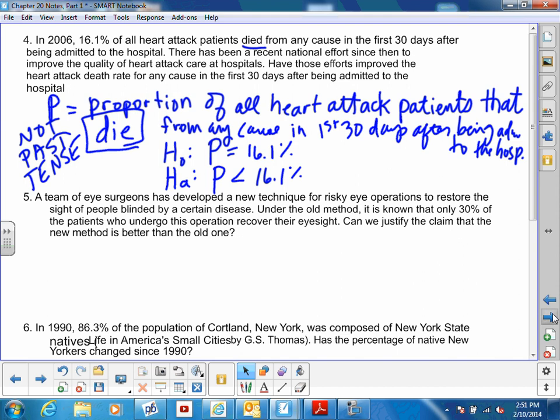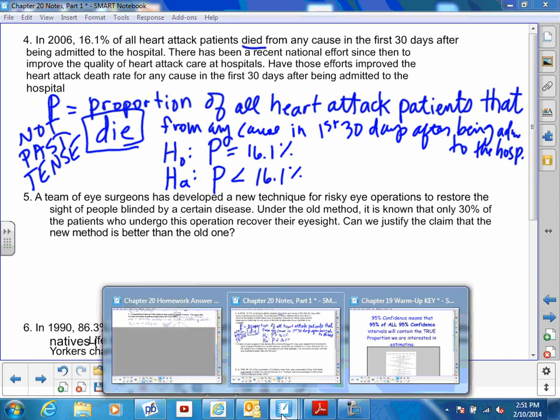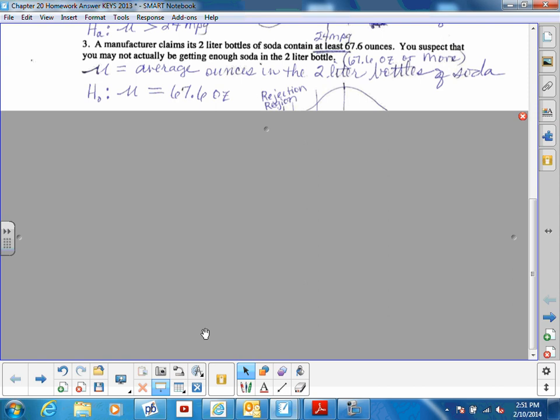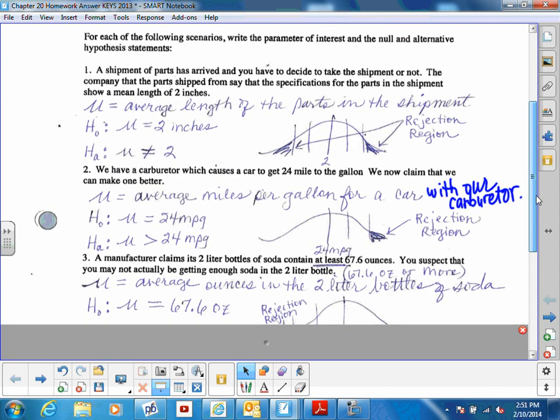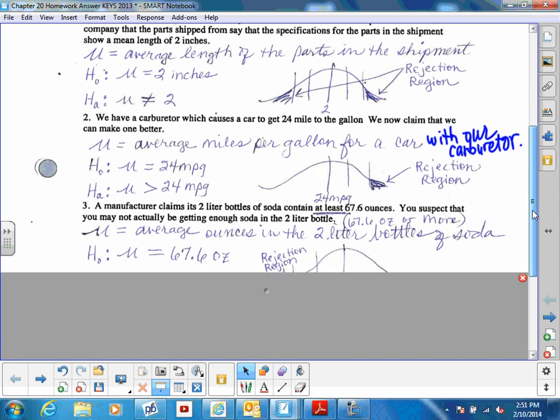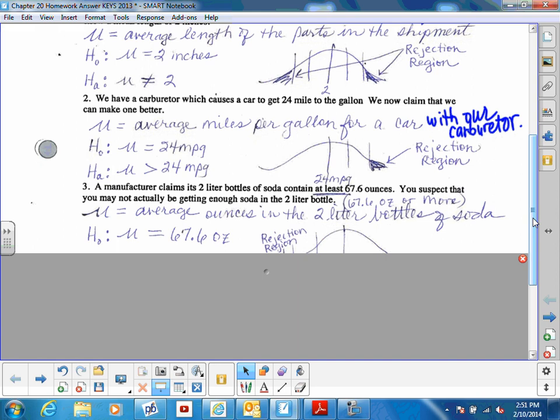So when you look at your homework, there's actually a few things I want to talk to you about on it. So pull this up. Number 1, I drew pictures, but you don't have to. Please make sure you are specific. For example, with number 2, this one is about the average miles per gallon for a car with the carburetor.